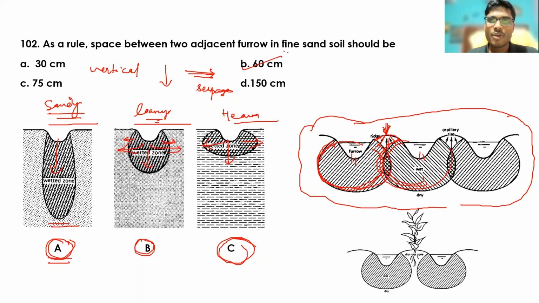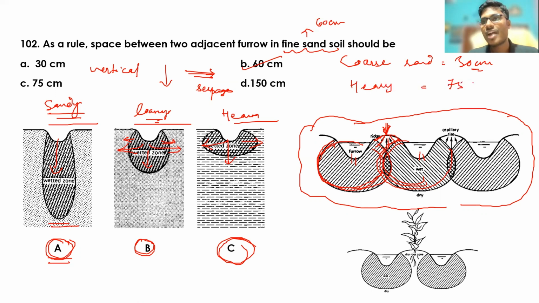So remember, for fine sand, the optimum furrow to furrow spacing should be 60 centimeter. For coarse sand, it is 30 centimeter, means 30 centimeter spacing should be there between two adjacent furrows. And for heavy texture soil, it is 75 to 150 centimeter.